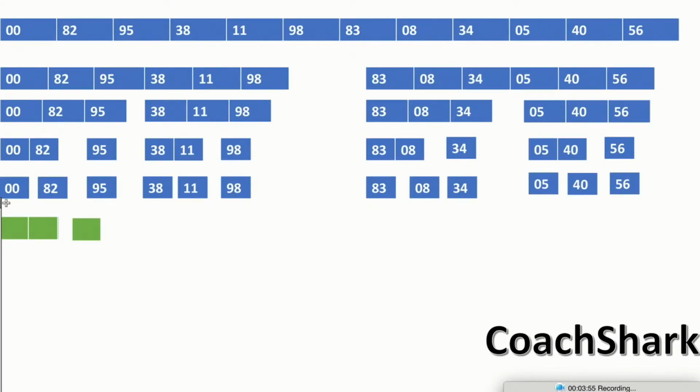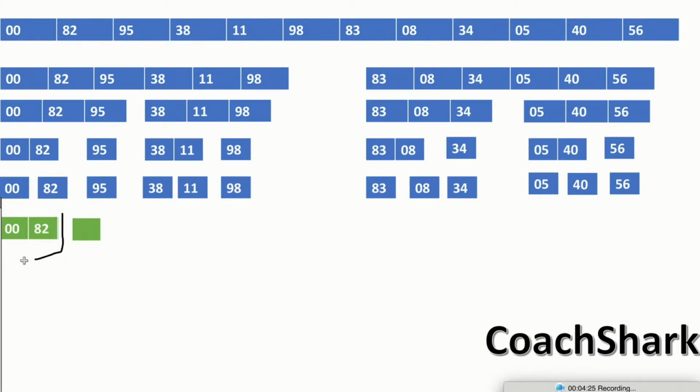We will try to combine the first two sub-problems. So here we can combine them. Which one is smaller, 0, 0 or 82? 0, 0. Now only 82 remains, so we will be putting it.